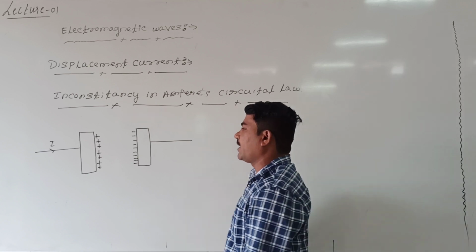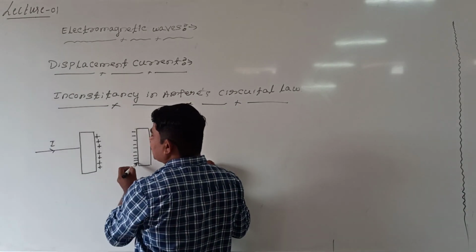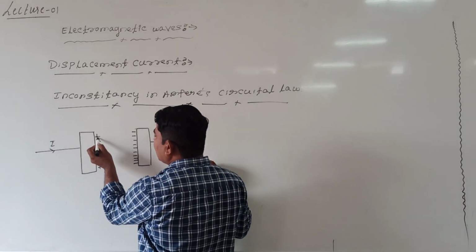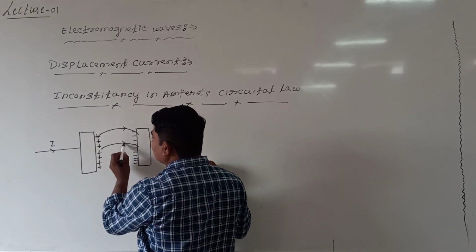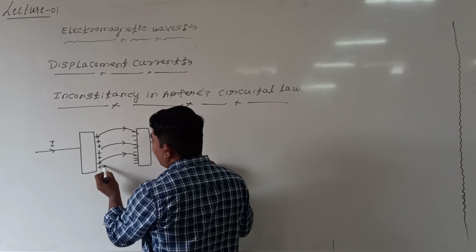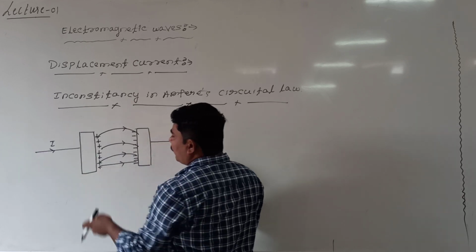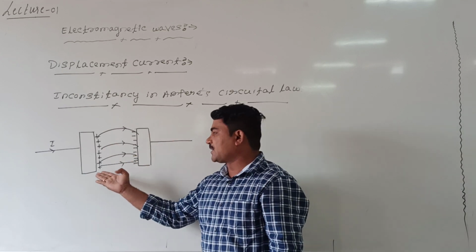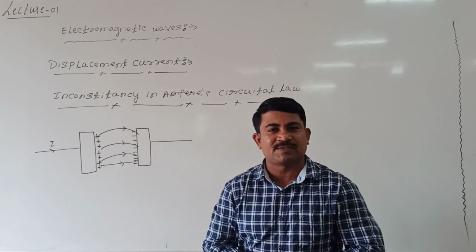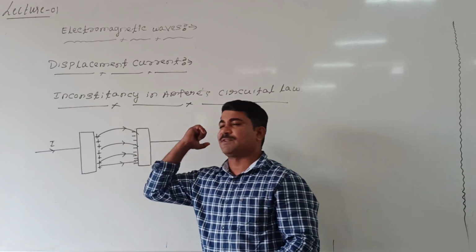How is it? Look at me. Wherever current flows in this conductor, how is the electric field produced? Electric field is not uniform. Instead, electric field changes with time. How does it change with time? Because as current flows, more charges are deposited on the surface of the plates of capacitor. On one plate positive charges are available, on another plate negative charges are available.